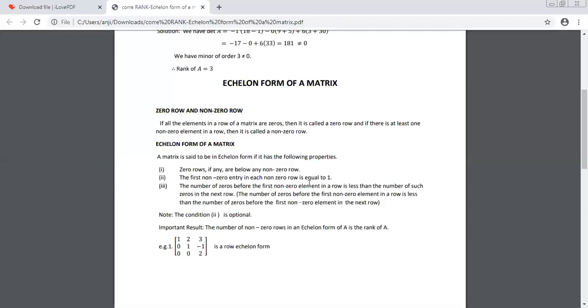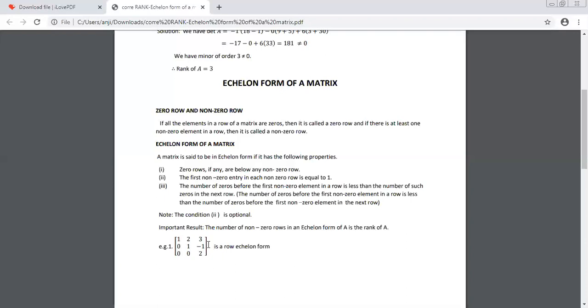Count the number of zeros before the first non-zero element in a row, and next, count the number of zeros before the first non-zero element in the next row. The relation must be less than.